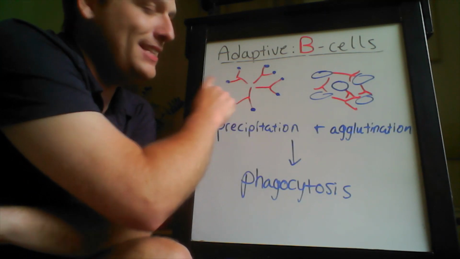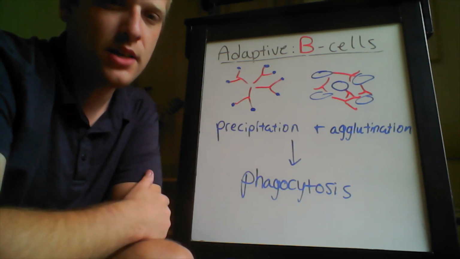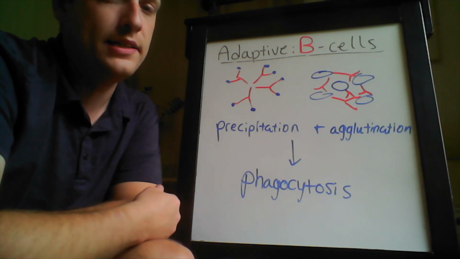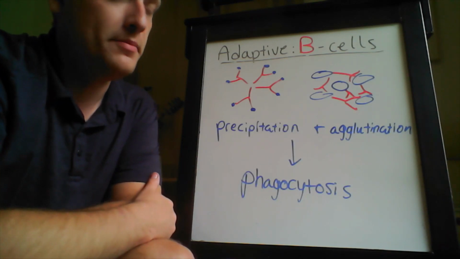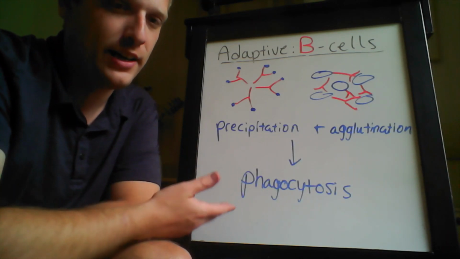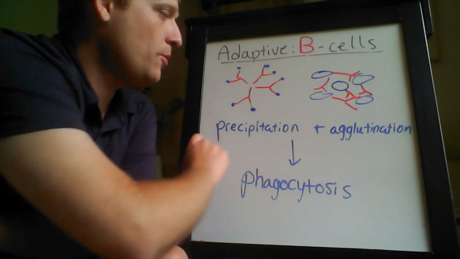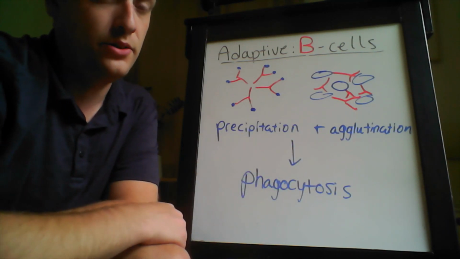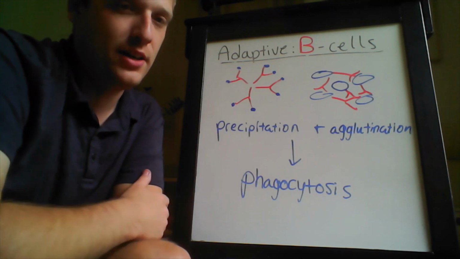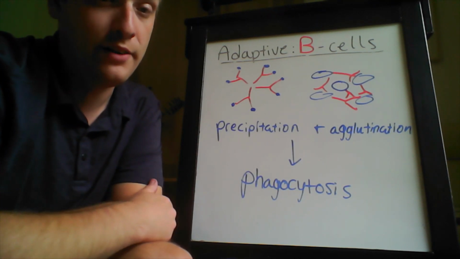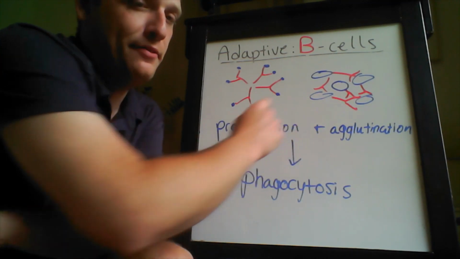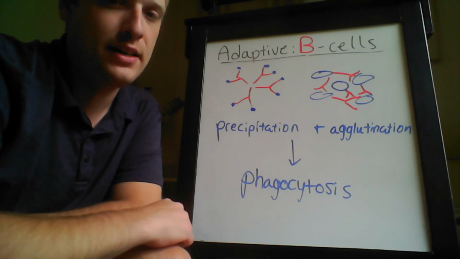So it's going to target these antigens, whether it's a toxin or a virus. It's going to cause them to be targets for phagocytosis. So both of these are going to cause elimination of whatever that antigen is or whatever it's bound to, if that happens to be a pathogenic cell.